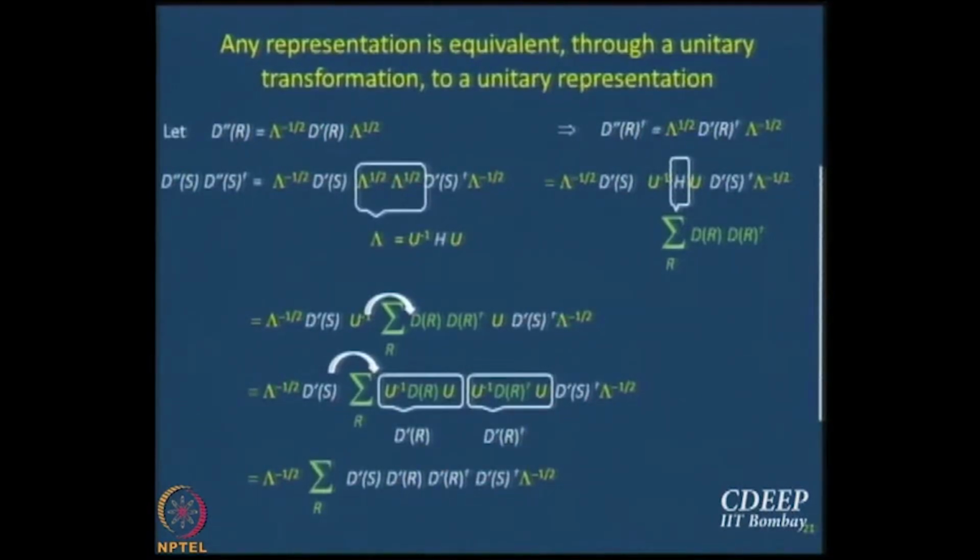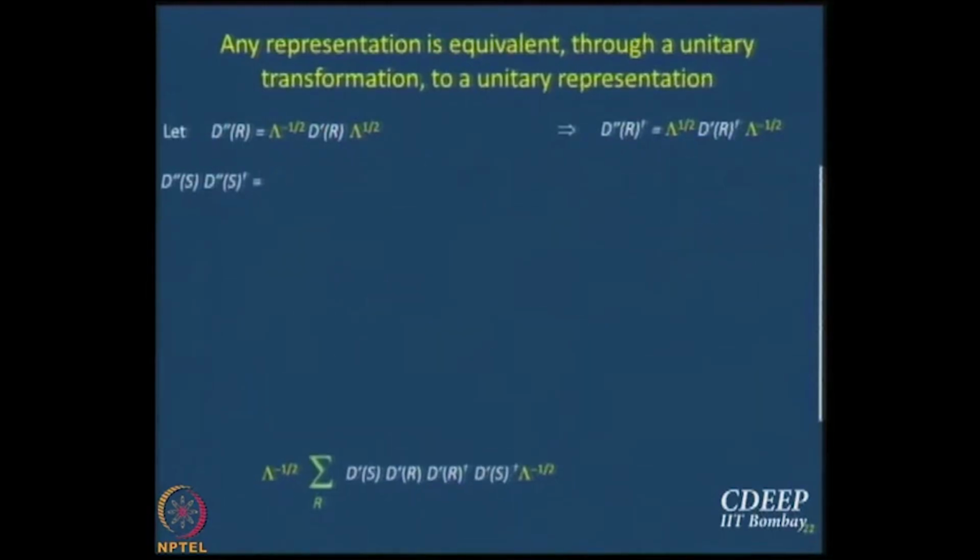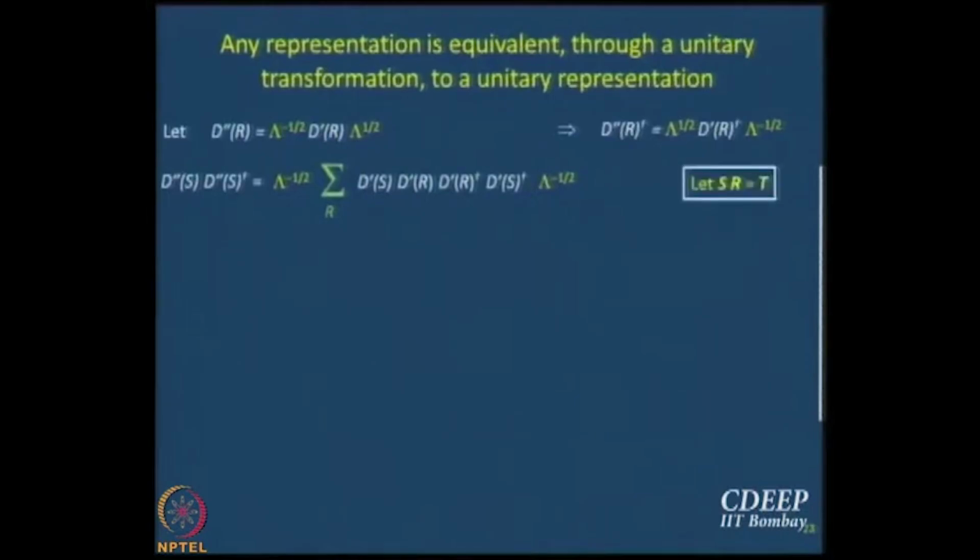What do I do next? After all, we are talking about a product, right? I have d prime S multiplied by d prime R dagger multiplied by d prime S dagger. What is R? What is S? They are symmetry operations.